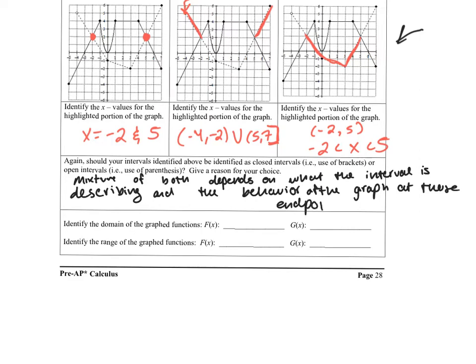Specifically talking about the endpoints, whether it's a hole or a point, open or closed, we will have a mixture like we do in this function.